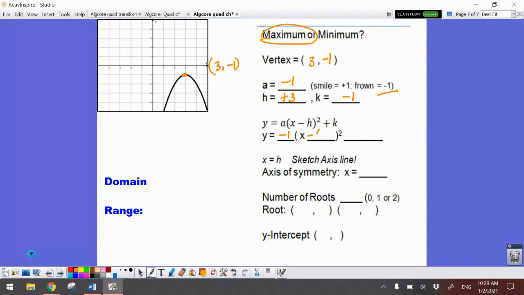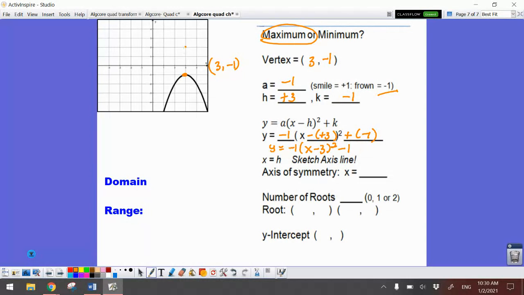So if I drop these in, and then I simplify, y equals -1, negative and positive, that becomes x minus 3 quantity squared, and plus a negative becomes a -1.